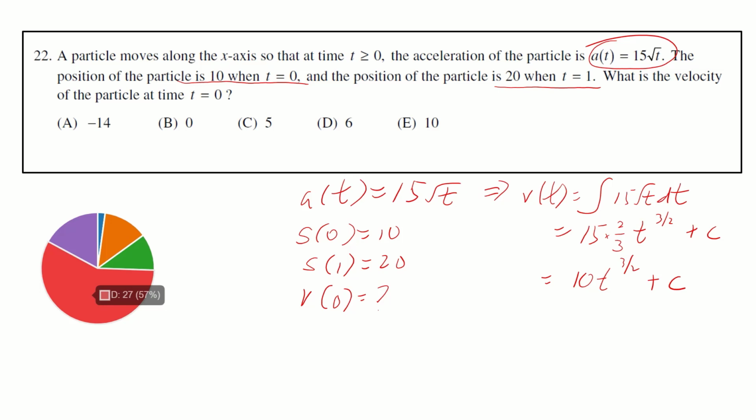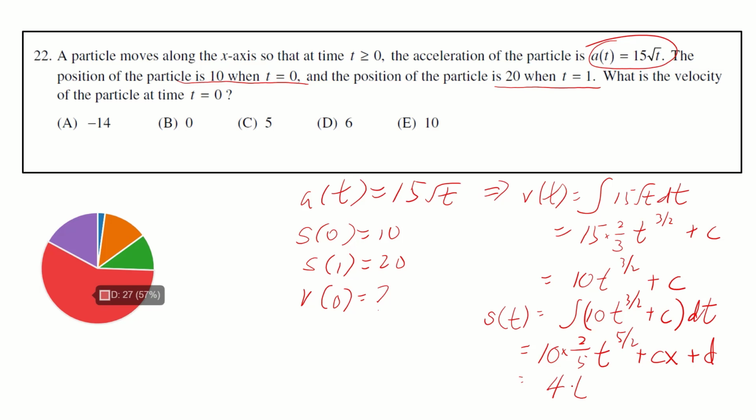And we can further integrate to get s(t). s(t) will equal the integral of 10 t to the 3 over 2 plus c dt. And this equals 10 t to the 5 over 2 times 2 over 5 plus cx plus d, so 4 t to the 5 over 2 plus cx plus d. S of 0 equals 10.